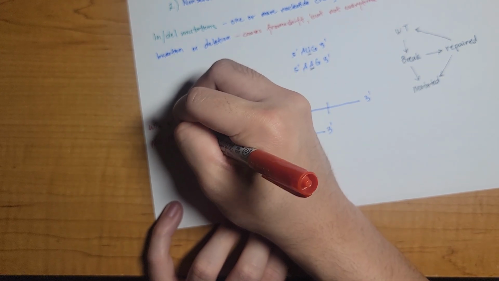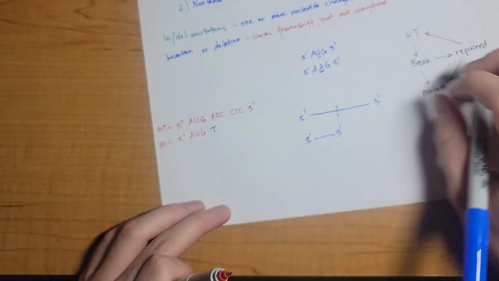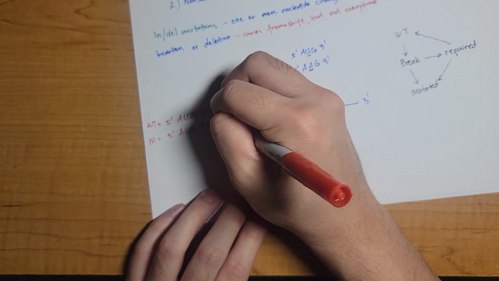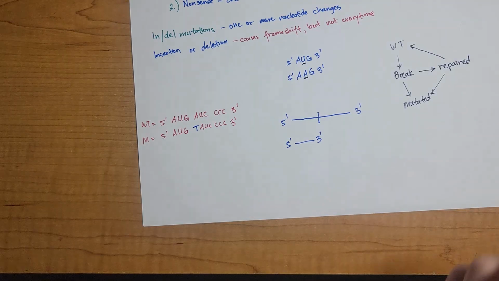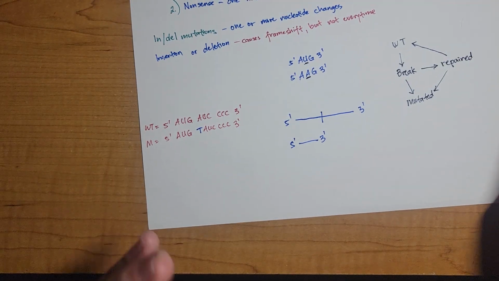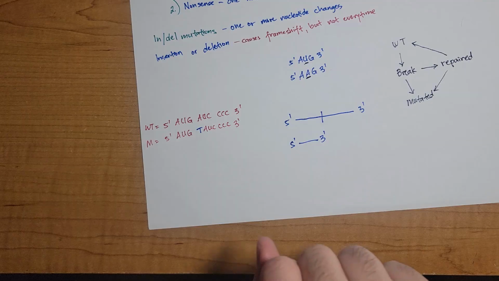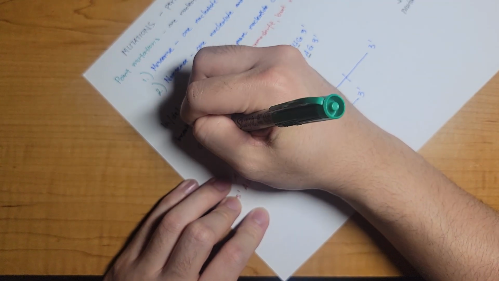It was AUG, and then we inserted a T. That's the mutation, right? So how does this cause a frameshift? If you remember, codons are read by 3 nucleotides.